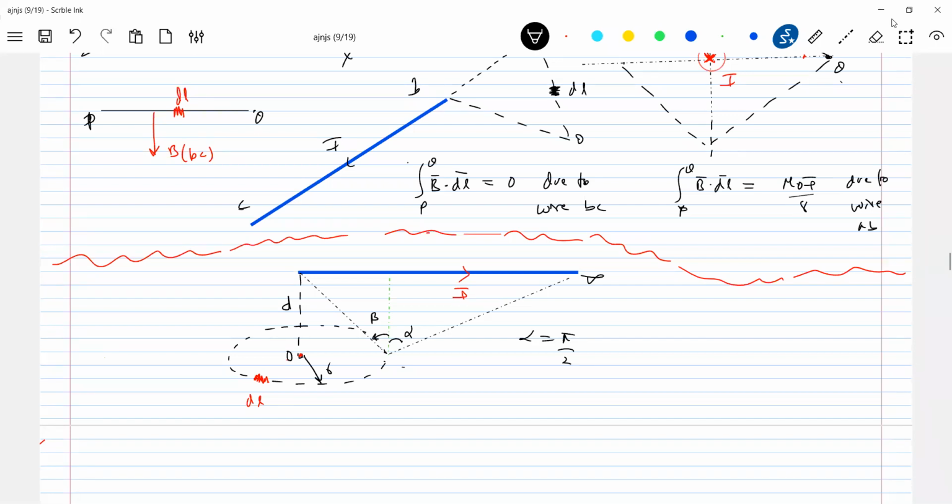It also depends, and at several points, if you calculate the B bar at several points due to this long wire only, it will be different. So I'm just asking, will it be greater than or less than mu naught I by 2? Of course, we can't calculate the value.